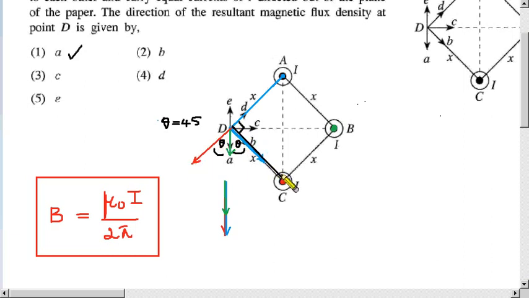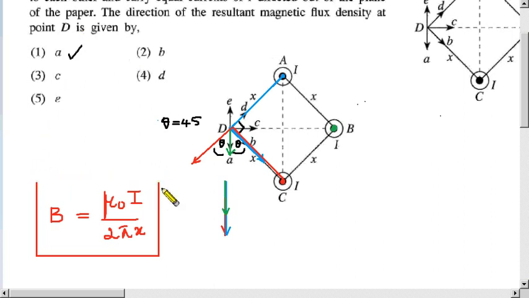The distance is this one, the perpendicular distance to the magnetic flux density. The distance is given as x. So you have to write x here. That's all. The others are the same. The current is I, mu naught and 2 pi are constants. So x you have to write like this.